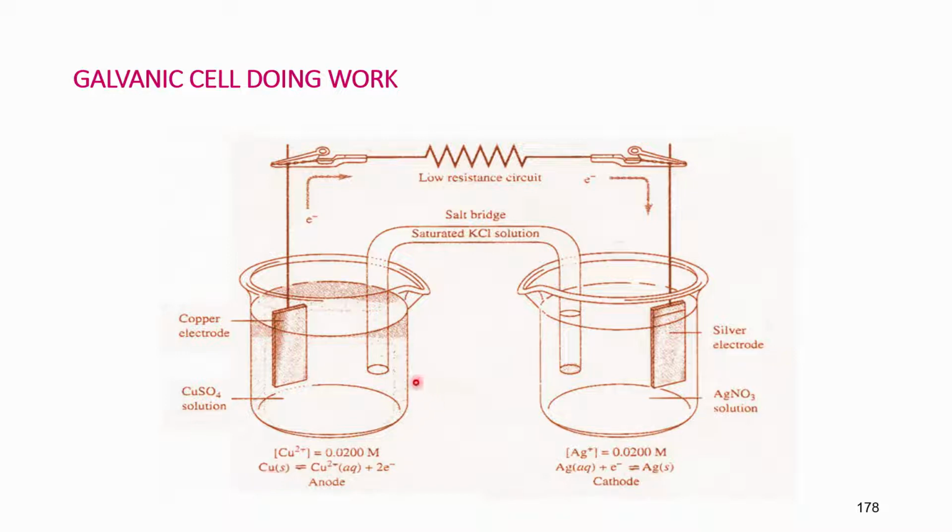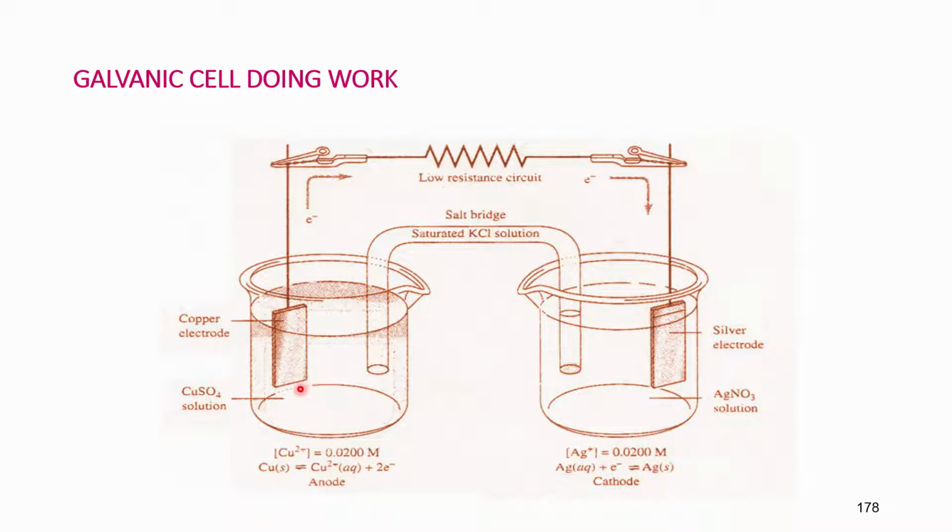The copper is in equilibrium with copper ions, and electrons will be released. This is silver ions, in equilibrium with the aqueous solution. Here the reaction is silver ions combining with electrons to give silver, which is a solid, that will be deposited on the silver electrode.